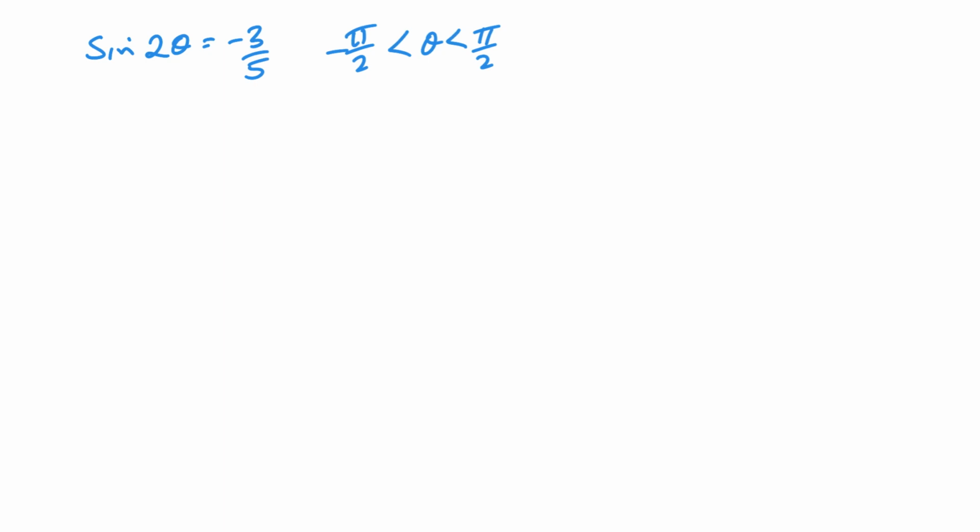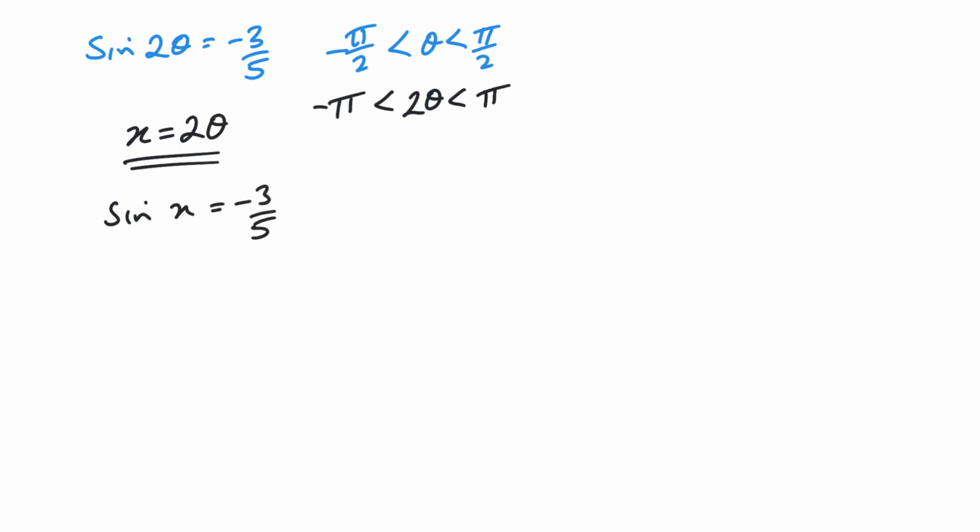So personally here, I like to change the 2 theta. So x equals 2 theta. I always do this when that angle is not just a single angle on its own. And that will also mean that I need to change my range. Now I've got the range, so we're looking at sine x equals minus 3 over 5. So x equals, and this will give me my calculator, minus 0.644.